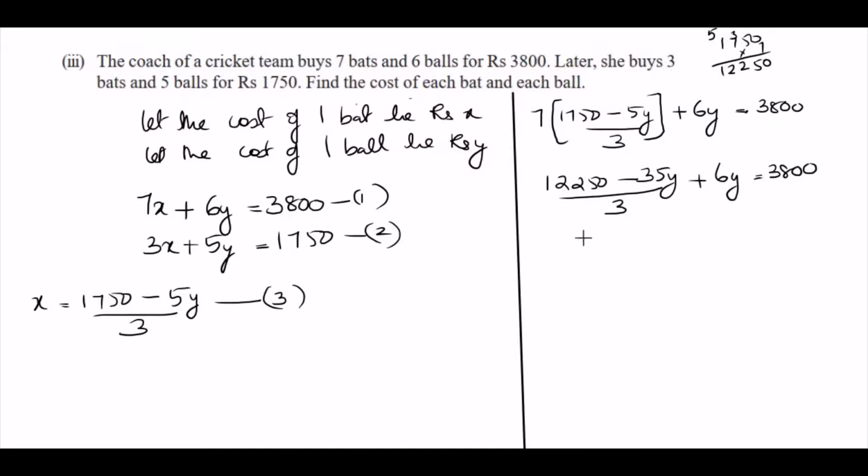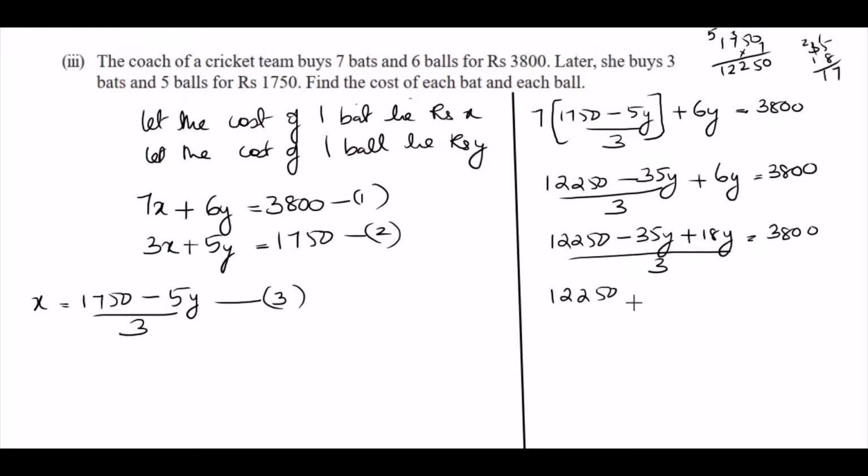So take the LCM, then you get 12,250 minus 35y plus 3 into 6 is 18y, by 3, is equal to 3,800. So 12,250 minus 35y plus 18y, you have to subtract. So you get 17, as 35 is greater, minus 17y is equal to 3,800 into 3.